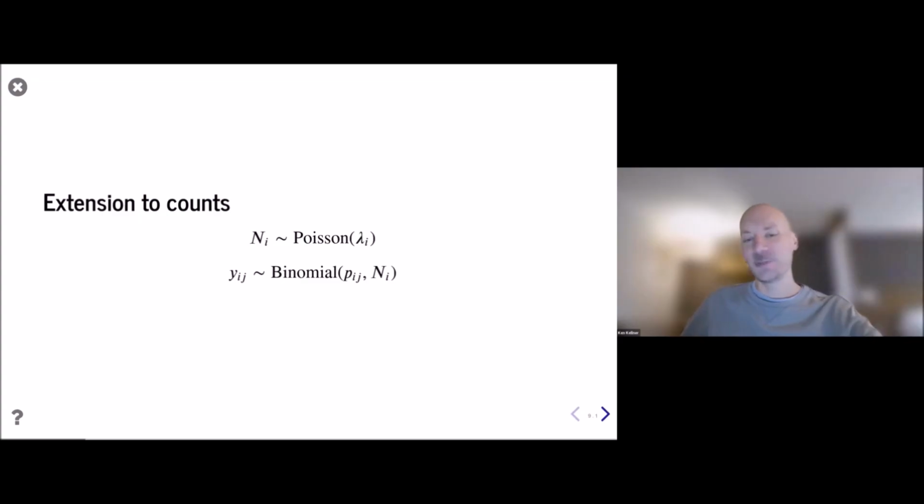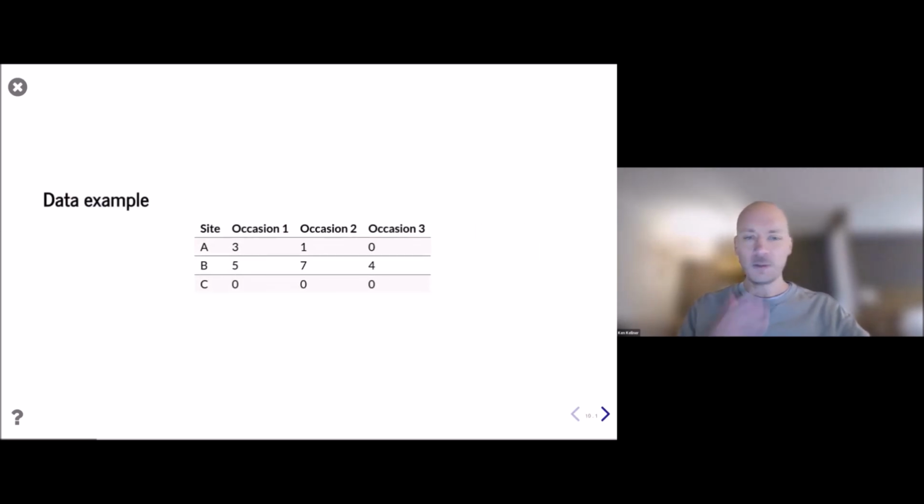And then the detection process becomes binomial with sample size equal to the true population size n, and the detection probability becomes an individual animal detection probability. And then the data are counts instead of zeros and ones. So here's an example of what that data might look like in a simple case. So instead of zeros and ones, we now have counts at each site.